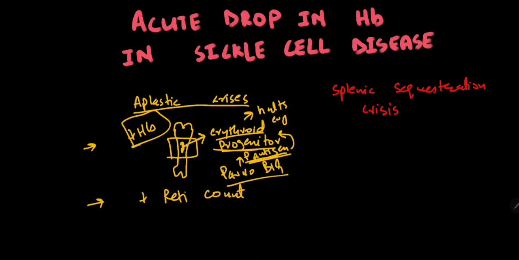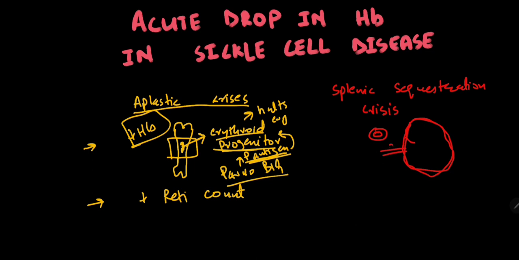Then come to the splenic sequestration crisis. So here, the bone marrow was involved in the aplastic crisis. Here, the spleen, as the name suggests, is what is involved. So let's say this is our hypothetical spleen. Normally, there are really tight, narrow vessels in the spleen, and the normal cells, which are deformable, can just maneuver through them by changing their shape.